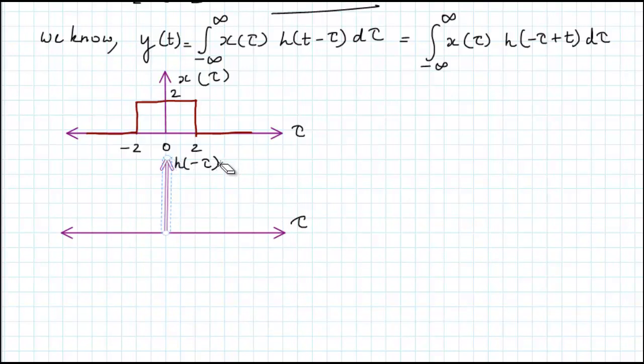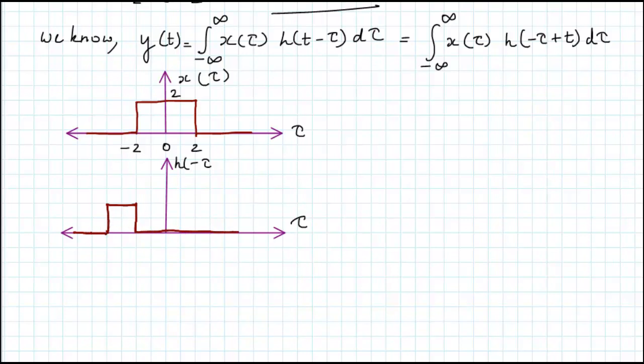that now it is not going to be h of minus tau. I am going to shift it towards this side such that the rightmost end of the pulse, the signal we have drawn, meets with the leftmost end of the signal.